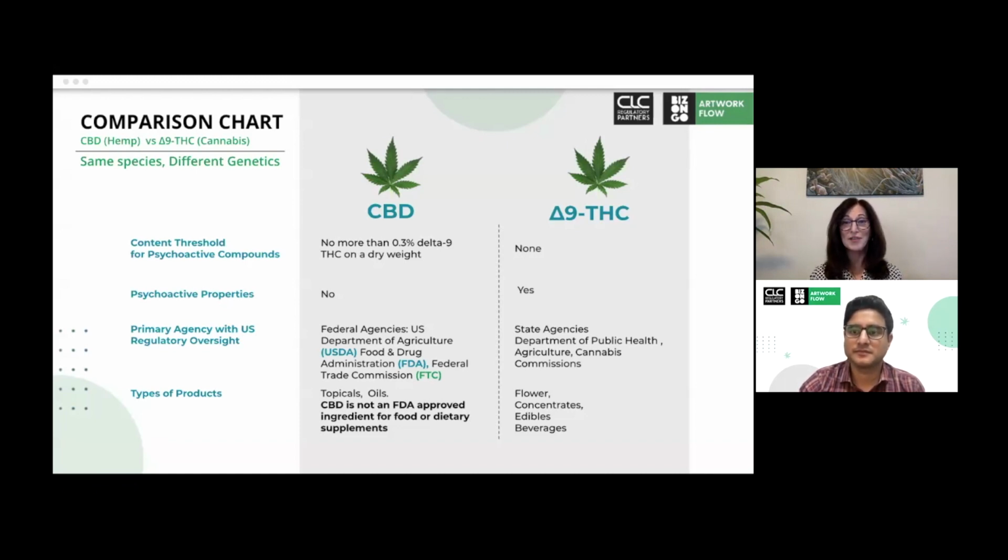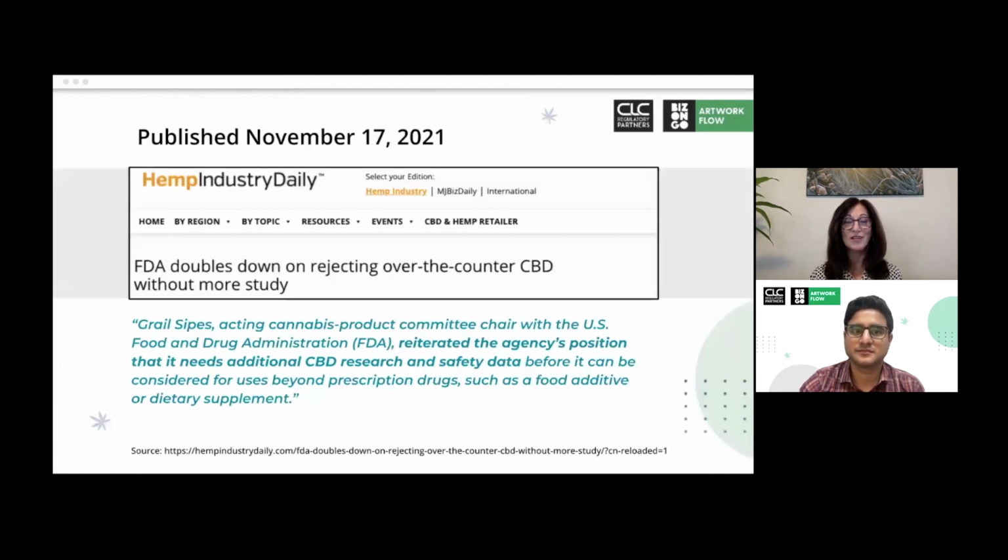And just today, there was a headline, and really the update is that nothing's changing. The FDA is, as I say, doubling down and reiterated the agency's position that CBD needs more research before it will consider it for food or supplements.